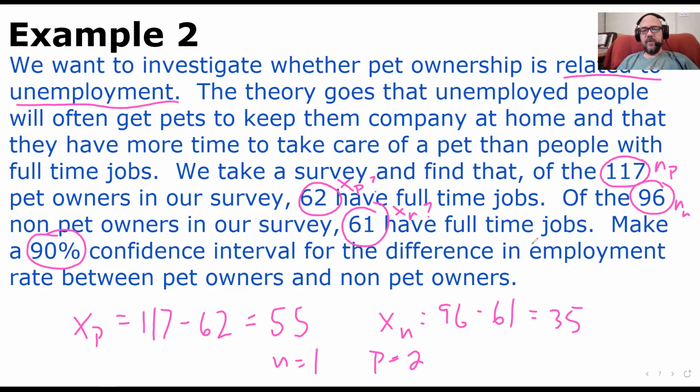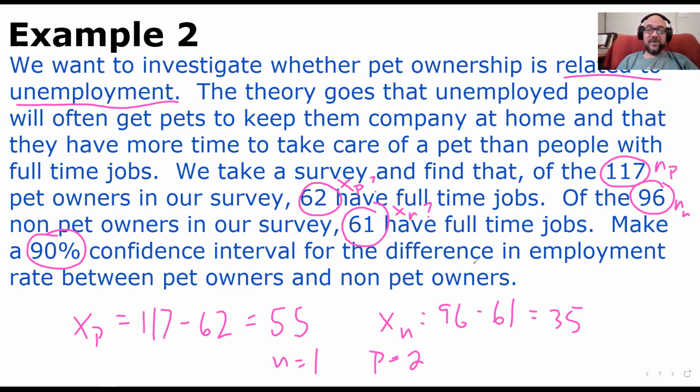That's a higher rate of unemployment than the non-pet owners. Right. That's opposite of what our theory is. Our theory says that non-pet owners would have a higher rate of unemployment than our pet owners, which is backwards. So sorry for the stumbling all over myself here.